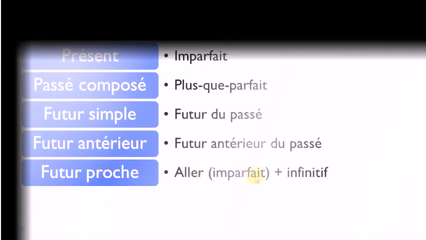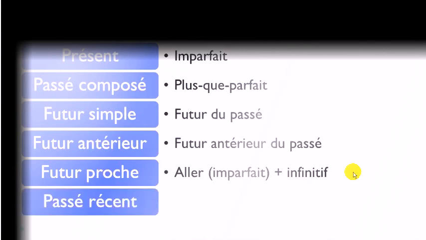You should put this verb at the imparfait and then the rest of the structure. If you've got the passé récent, then the only thing, like we had for the futur proche, that you will have to modify is the verb venir, and you should put that at the imparfait form. Then don't forget the preposition de and your infinitive after.